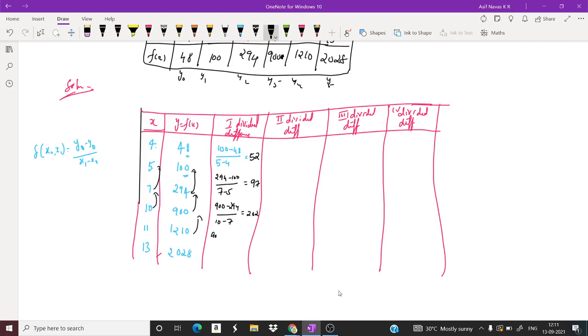Next is 1210 minus 900 divided by 11 minus 10. Answer is 310. And last one, 2028 minus 1210 divided by 13 minus 11. Answer is 409.